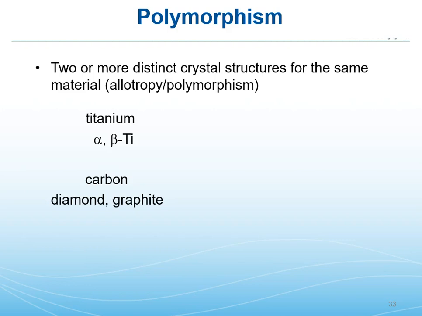Those tend to be used both as themselves and in duplex. Iron is also notable, although it's distinguished by temperature. The high temperature polymorph is gamma, austenite, face-centered, and the room temperature is body-centered cubic, also known as alpha ferrite. Carbon obviously has quite a few, again, both with temperature and with pressure.